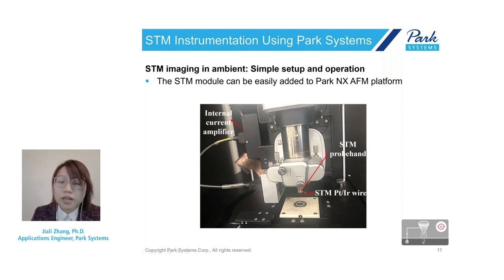This internal current amplifier can have a variable gain from 10 to the 6 to 10 to the 12 volts per ampere. And our sample chuck allows the user to apply a sample bias varying from negative 10 to 10 volts. This altogether creates the simple STM module assembled into our NX10 systems.